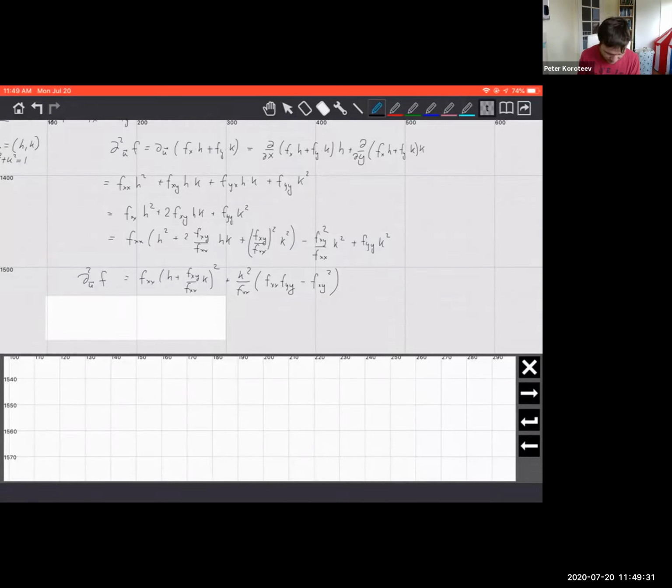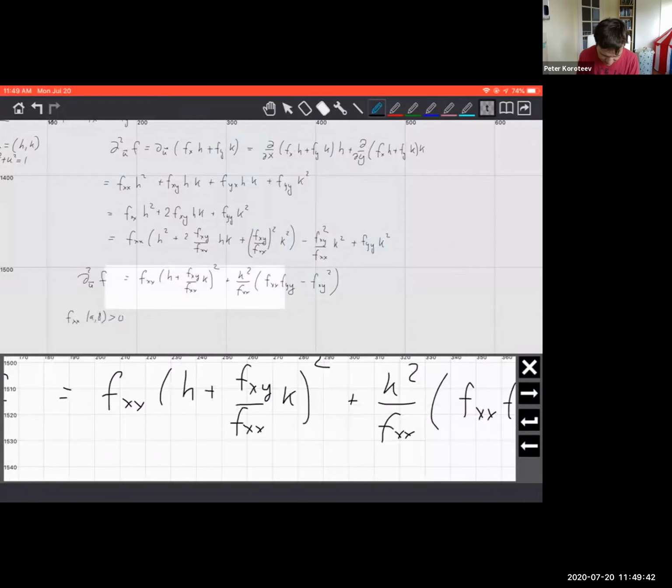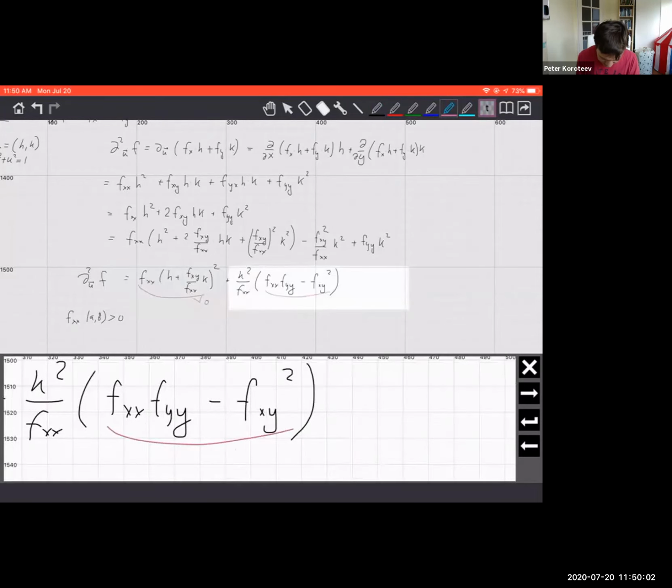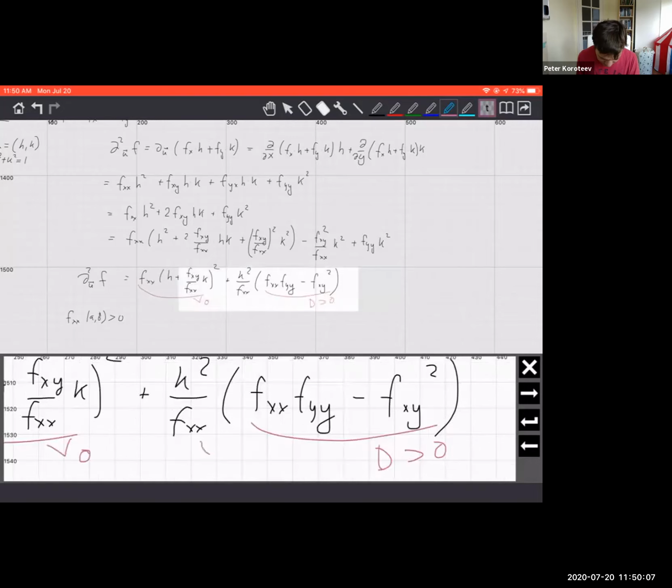Okay, so now in our condition, we know that fxx of this point (a, b) is positive, right? So therefore this whole first term is strictly positive, and this is D, so this is positive. And therefore everything is positive.